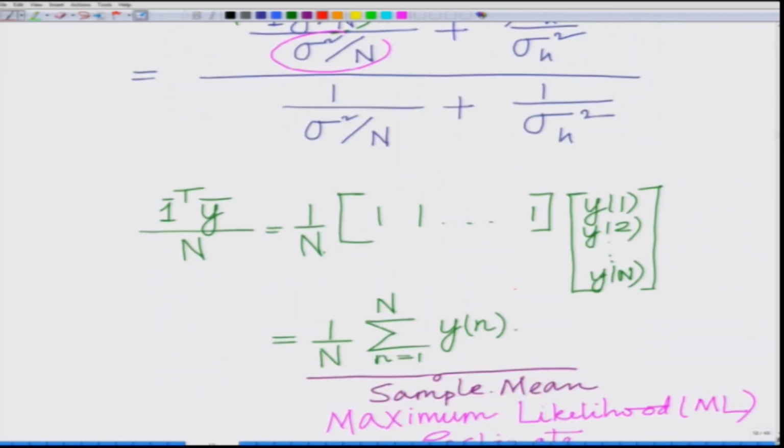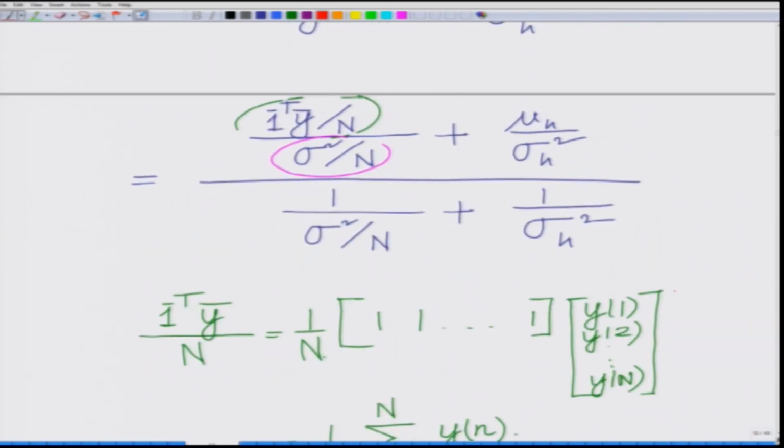Now you look at this, mu h is the mean of the prior. Remember we said the parameter h is Gaussian with mean mu h and variance sigma h square. So the mean of the prior is mu h, variance of the prior is sigma h square.